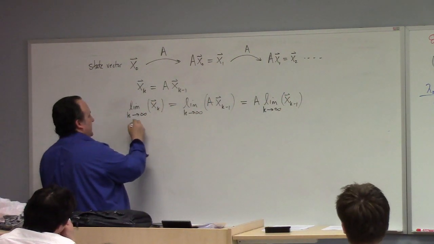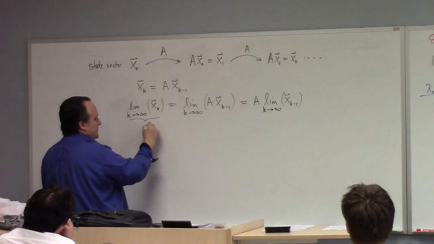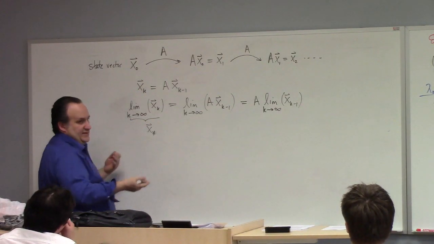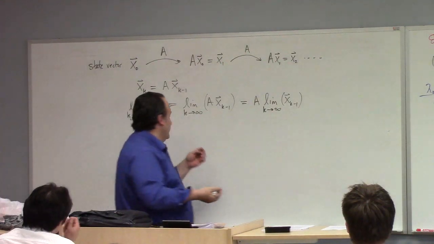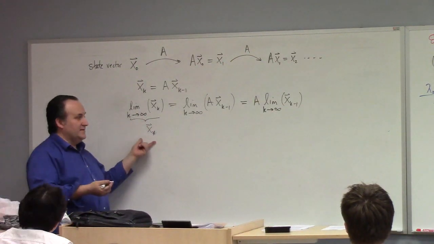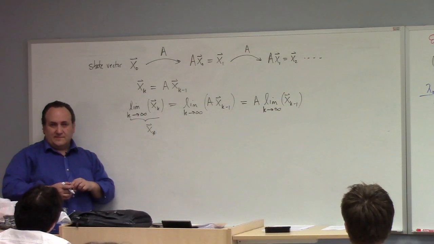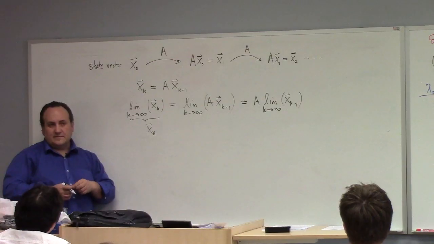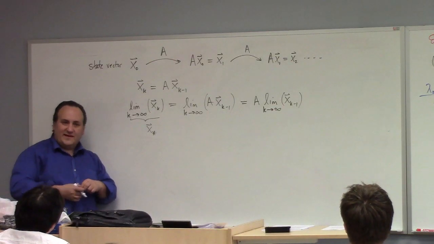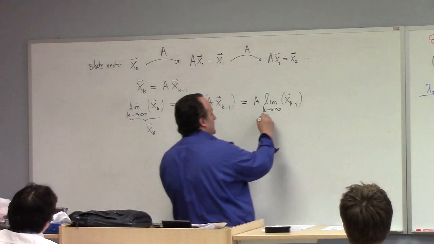Let's call this limit x sub star for lack of imagination. What's the limit as k goes to infinity of x sub k minus 1? Would that have a different limit? No, that would also be x sub star.